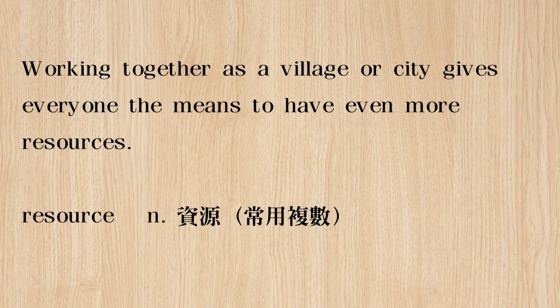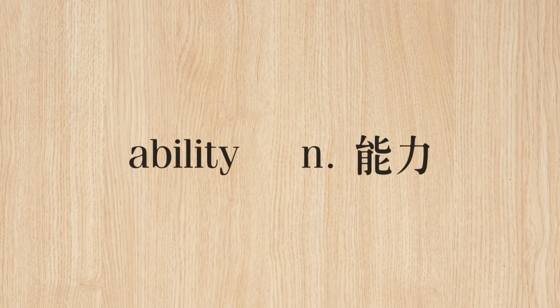All right, let's look at our next sentence here. Working together as a village or city gives everyone the means to have even more resources. 那一个村庄或者是城市一起合作，就会让每个人都有办法获得更多的资源。So the means to, underline this. The means to means your ability. A-B-I-L-I-T-Y.